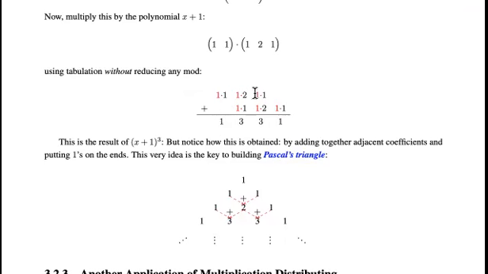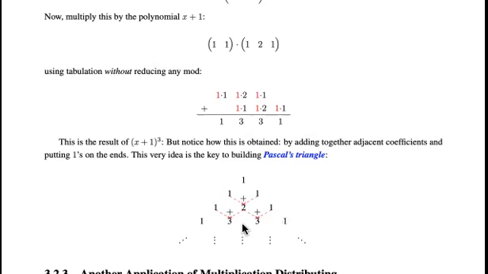Notice what we've done. This 2 plus 1 is like 2 plus 1 here, because this one's like that one. This 1 plus 2 is like 1 plus 2 going that way. So it's like we've taken 1, 2, and 1, added what's adjacent to get that and what's adjacent to get that, and then we put 1s on the ends.